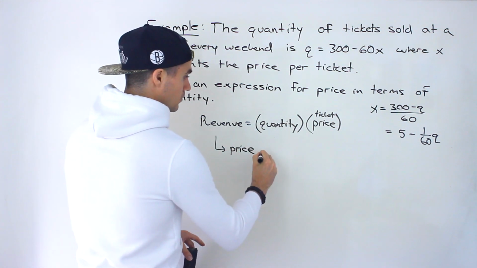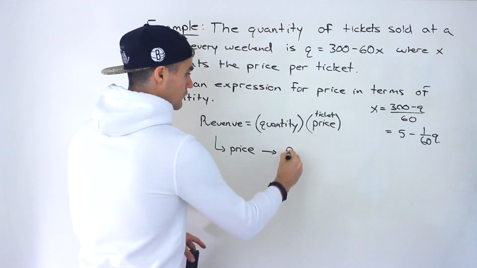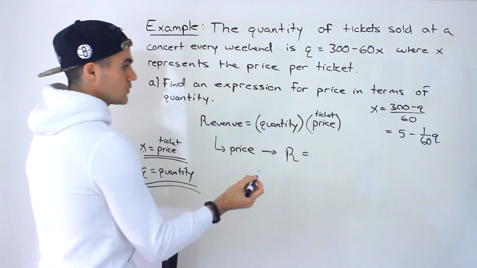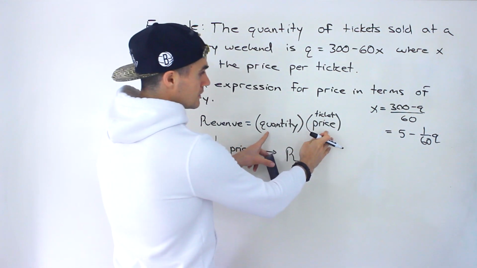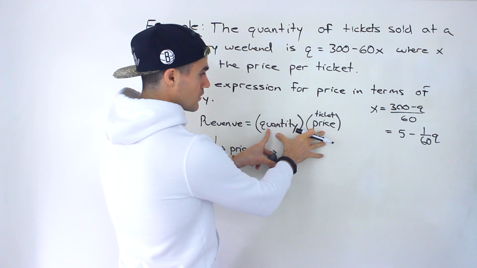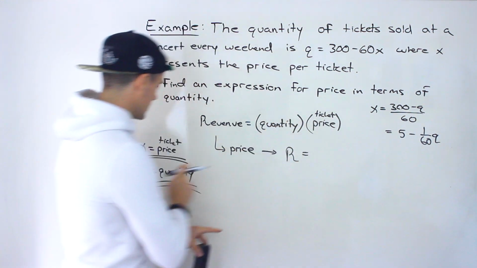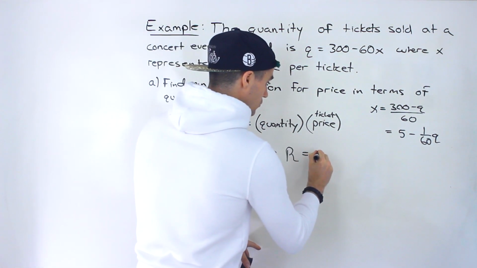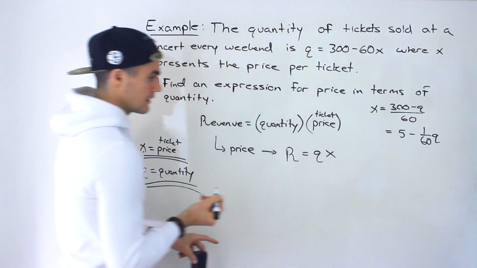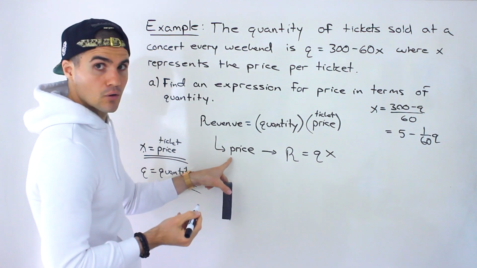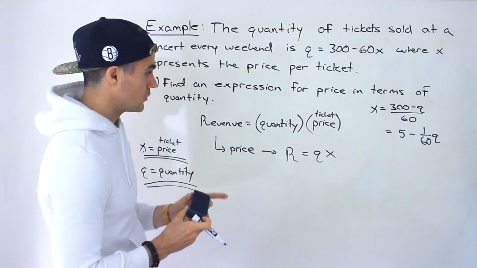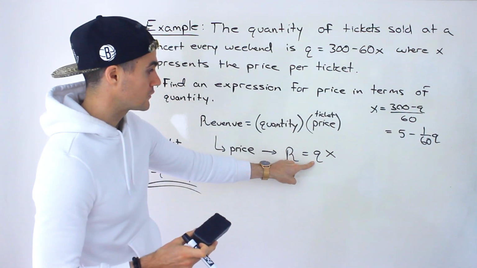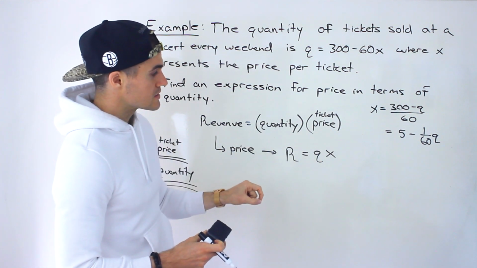Okay, so how would we do that? Well, we would have R equals, let's plug in just the variables here for now. So the quantity is the Q, and then the ticket price is the X. So we'll have QX like that. But if we're making it only in terms of the price, well, notice we have this Q variable here. We have to get rid of it. So how can we get rid of this Q?